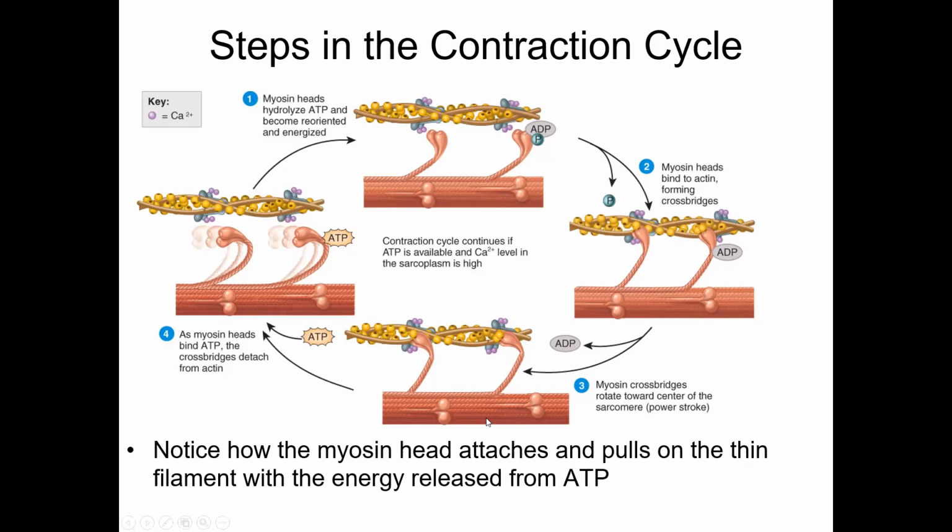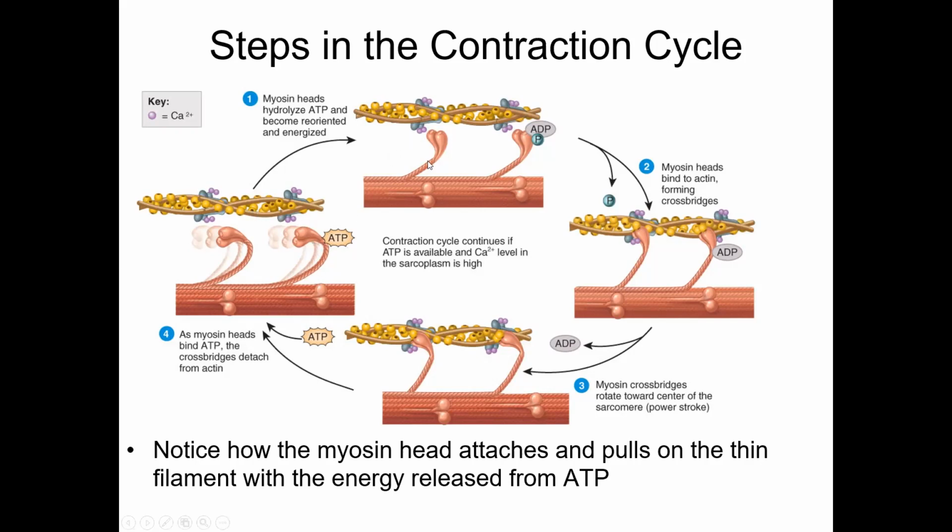But now, if this myosin head group wants to grab onto another actin, the myosin head group needs to detach from the thin filament. And this is what's caused by ATP. So take a look, ATP comes here. ATP binds to the myosin head group and forces the myosin head group to release the thin filament.